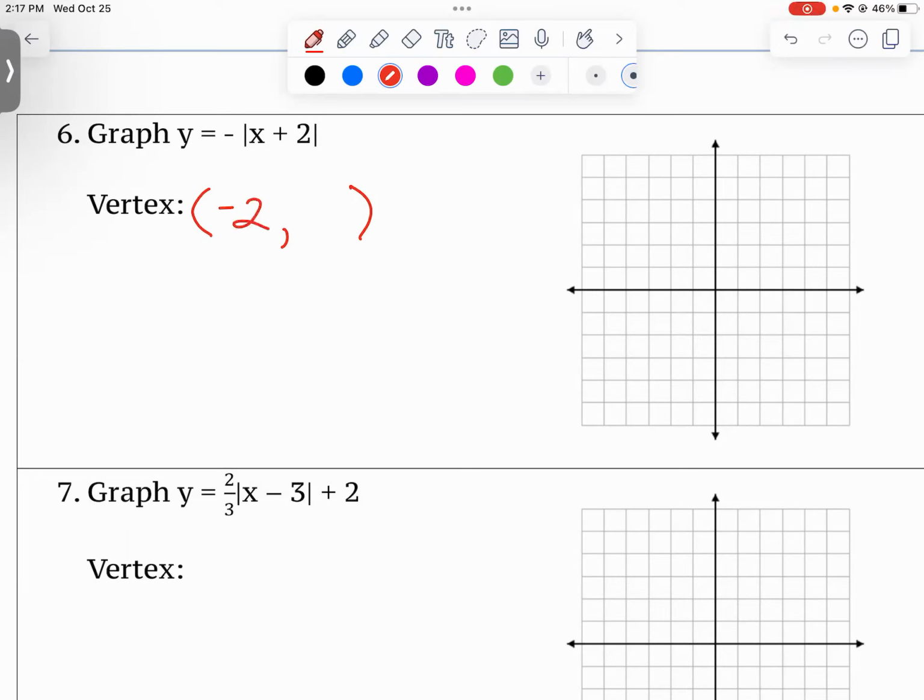Okay, -2, comma 0. Harry, how did he get -2, comma 0? So that's where he got the 0. Okay, how did he get the -2?